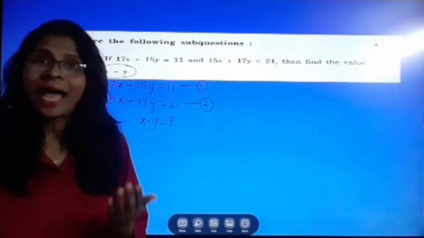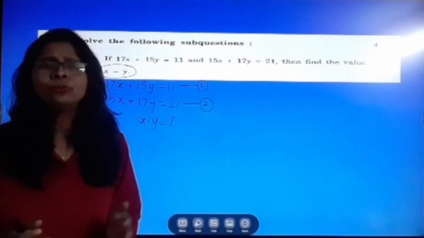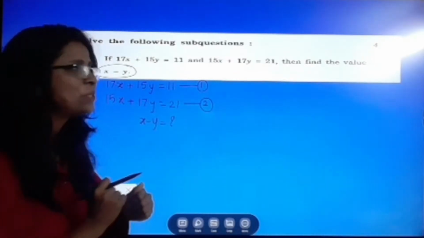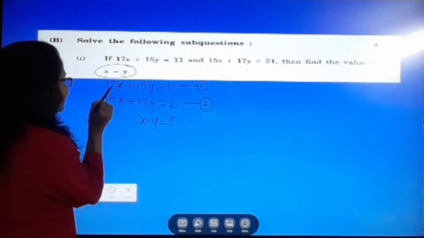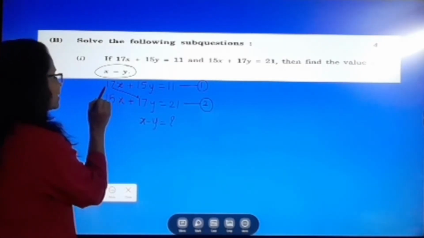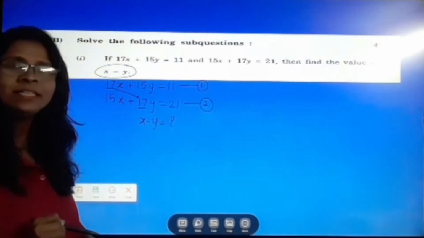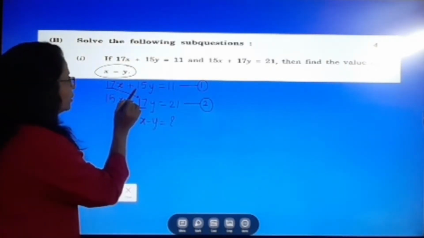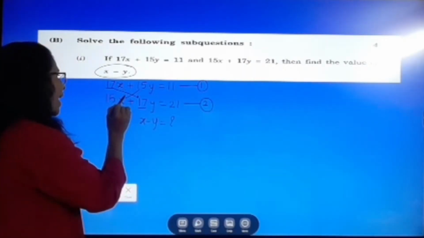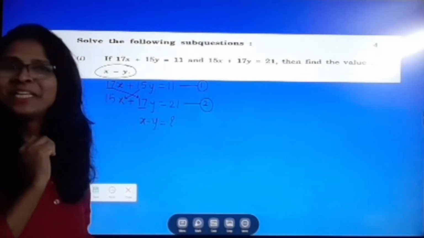Okay students, and here is a clue that the example has given you, and that clue is, students, see here: the coefficient of x is 17 and here the coefficient of y is 17, and here the coefficient of y in the first equation is 15 and here the coefficient of x is 15.